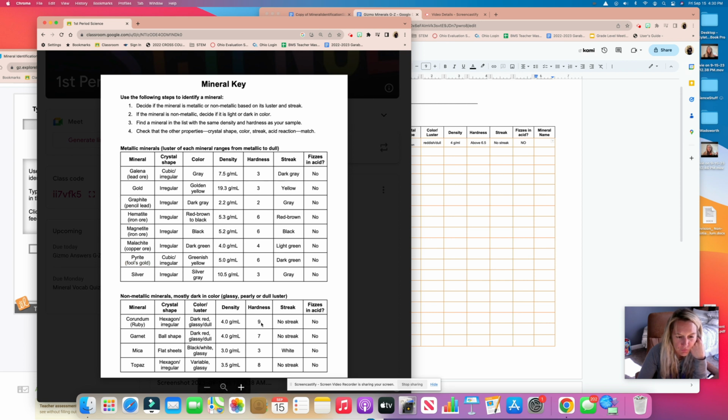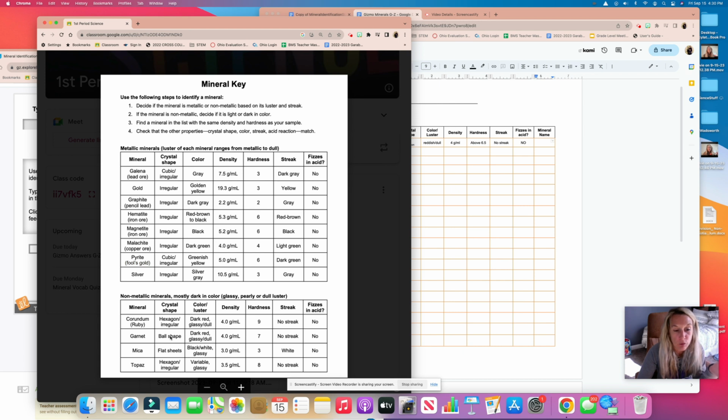So density of 4, but a hardness of 9. Could be. Density of 4, hardness of 7. Could be, because anything above 6.5. Both have no streak. Both don't fizz with acid. Both are dark red, with a glassy or dull structure.